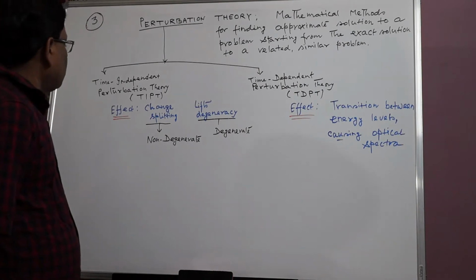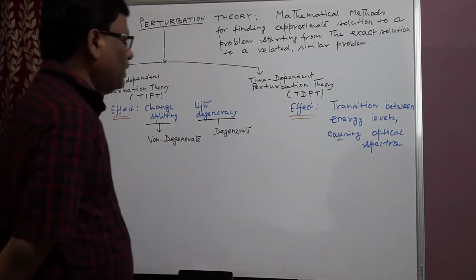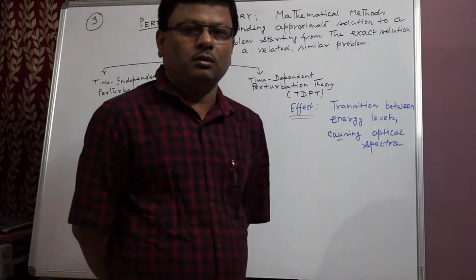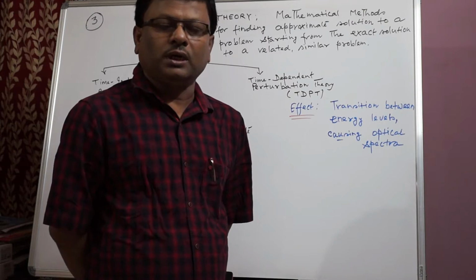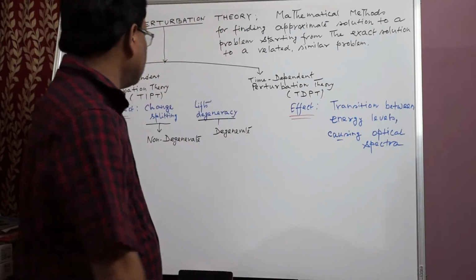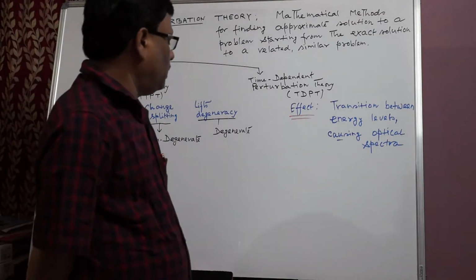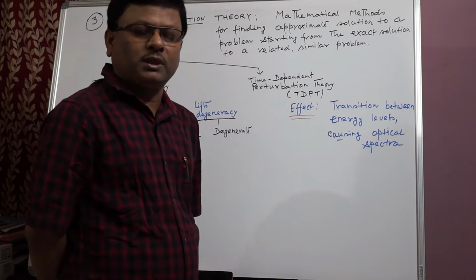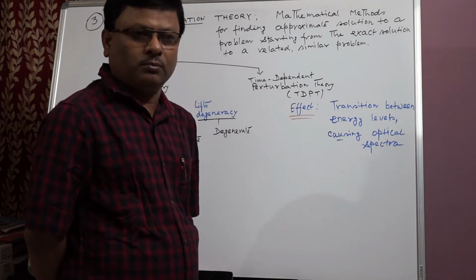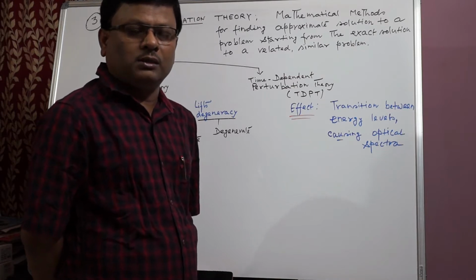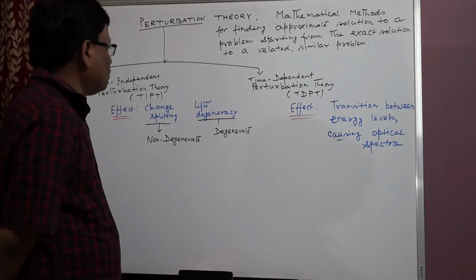Time independent perturbation can change the splitting of the energy levels, which is the case for non-degenerate perturbation. It can also lift the degeneracy of the energy levels and cause splitting between them, and this case is observed for degenerate perturbation theory.